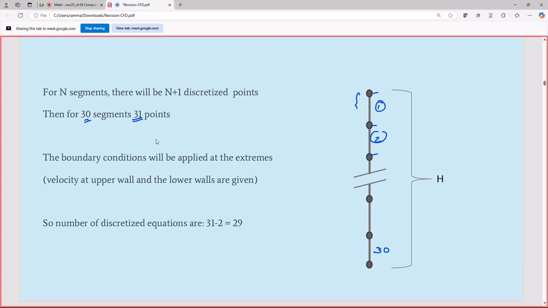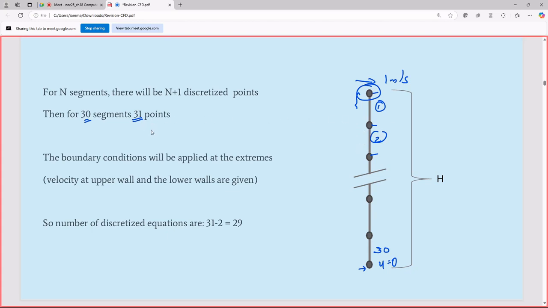And it is given that the upper boundary is moving with a speed of 1 meter per second. So we know the value of u here, and also it is given that the bottom is fixed. So here u is equal to 0. So we know the values at the bottommost and the uppermost points. Here we only have to solve for the remaining points.